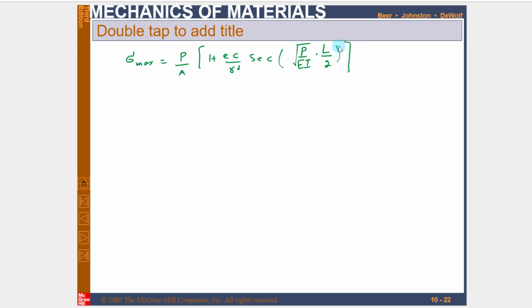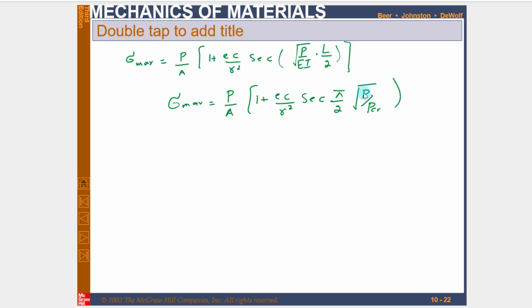Or you can also write it as sigma max is equal to P over A into 1 plus E C over R square into secant of pi by 2 into the square root of P over P critical.